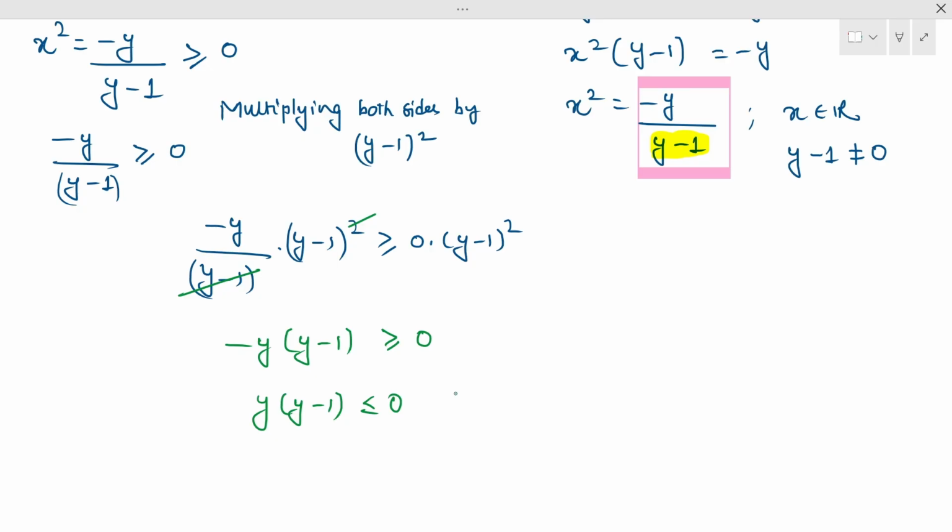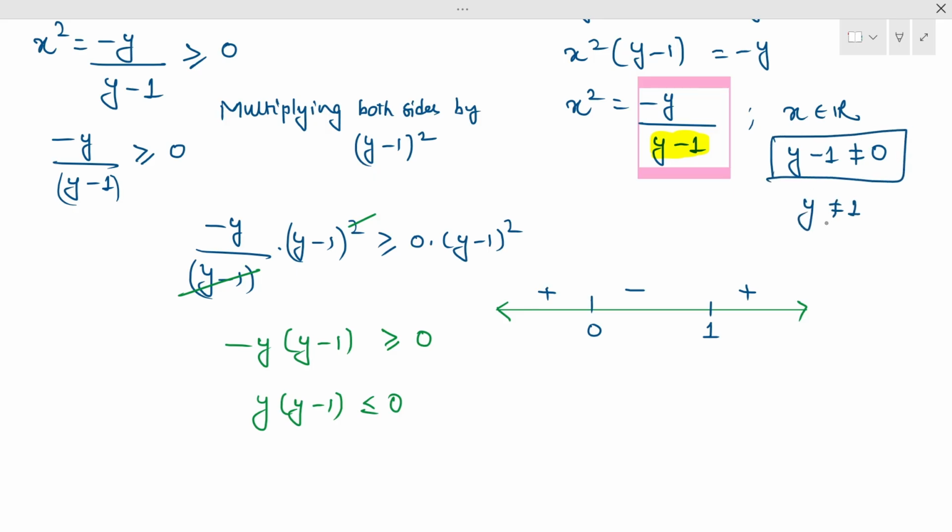Now in class 11 we have all learned how to find this, right? What are the critical points? The critical points are 0 and 1, right? So it is plus minus plus. Now it is less than or equal to, right? But I cannot take 1. From here, y is not equal to 1, and we have to take the negative part of it.